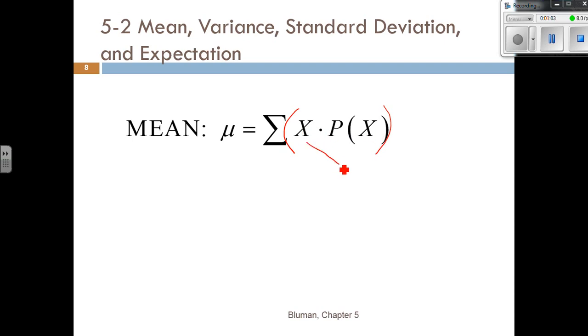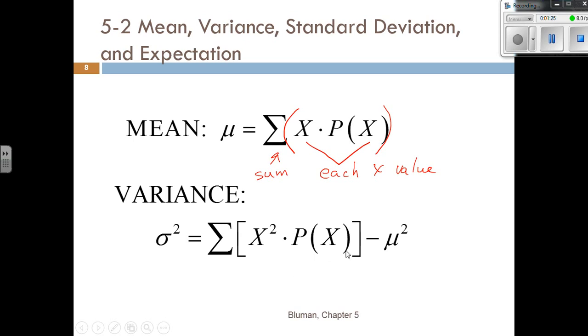You're going to do this first, for each x value, and then you're going to sum them up, okay?